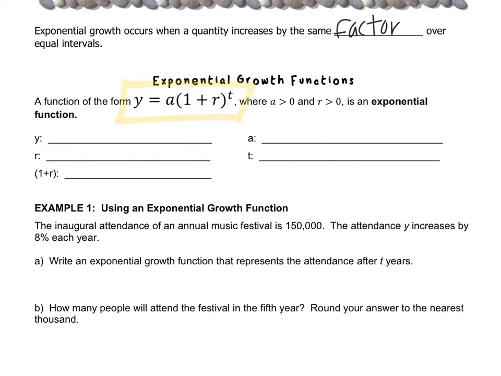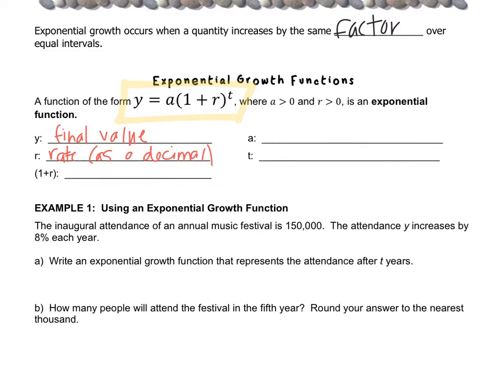They tell us a is greater than 0 and r is greater than 0, then it's called an exponential function. So here's what the pieces mean. Y stands for the final value. R stands for the rate as a decimal. Sometimes it's a percent, and then you have to turn it into a decimal.